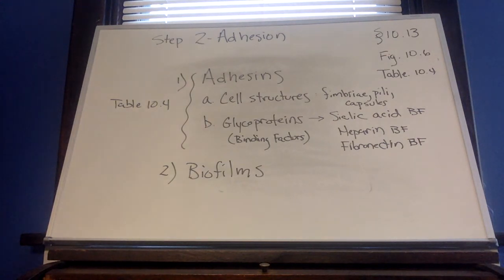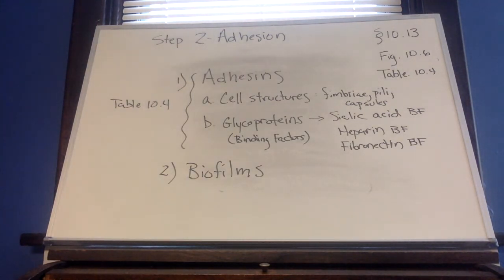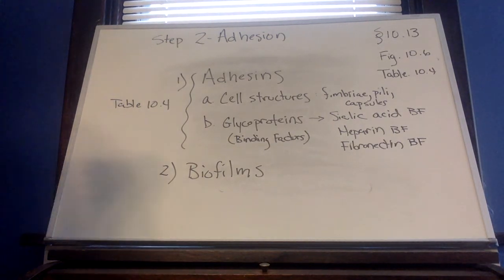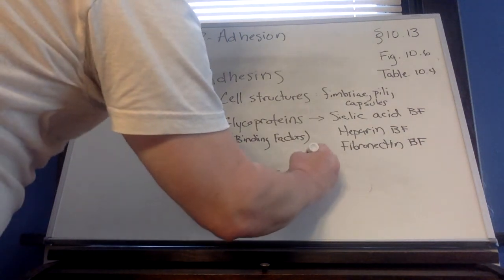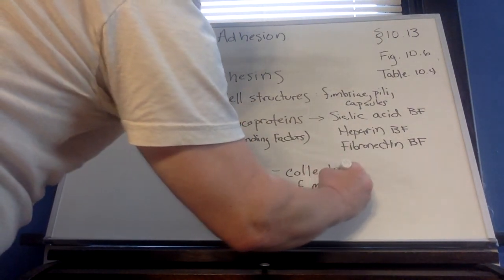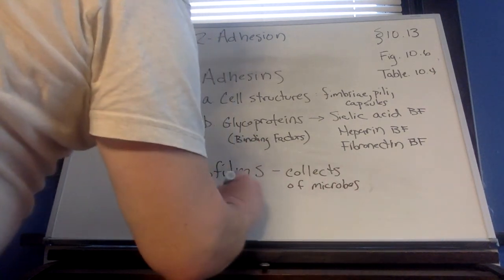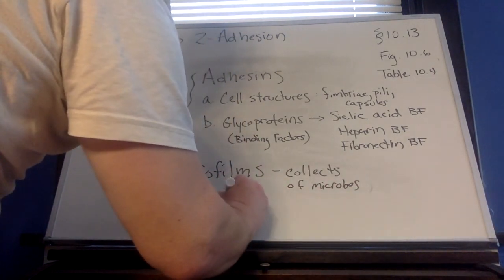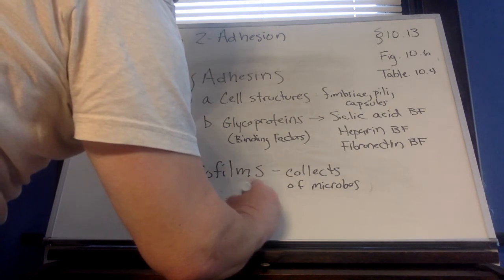A second way that we can adhere as a pathogen is that we can get embedded and become part of that biofilm. So biofilms are collections of bacteria, collections, even more generally, of microbes. They're communities that are part of your normal microbiota.